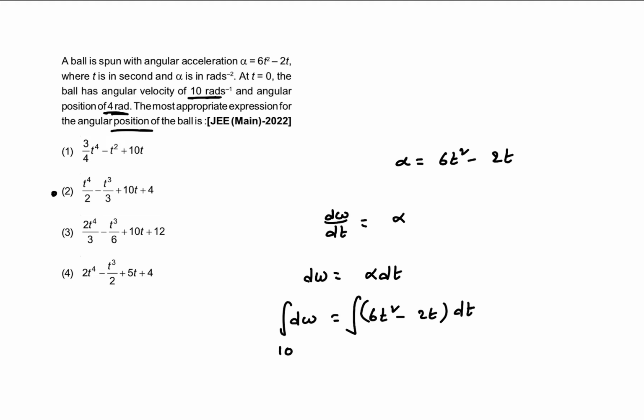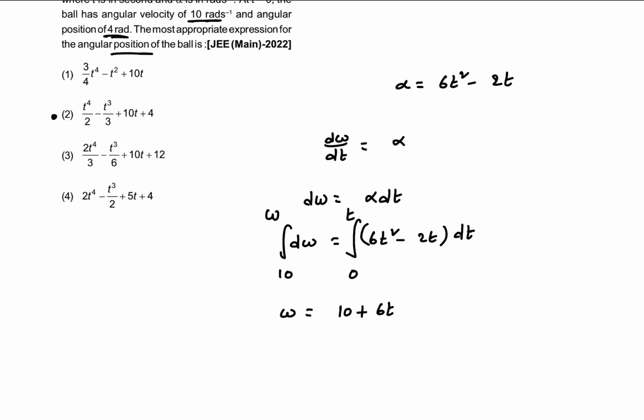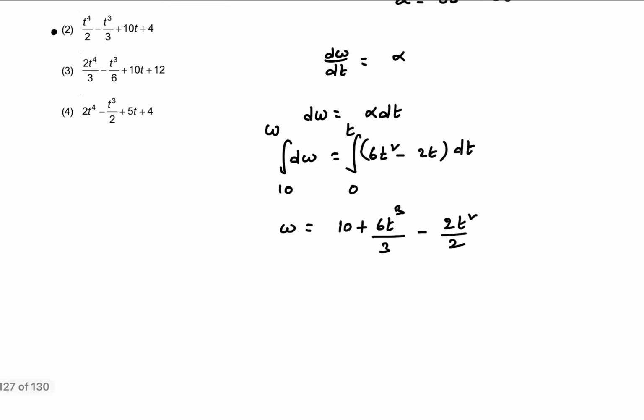Doing the integration, the initial angular velocity at t is equal to 0 is 10, and at any time t I write omega. So omega is equal to 10 plus 6t cube divided by 3 minus 2t square divided by 2. This is the relation.